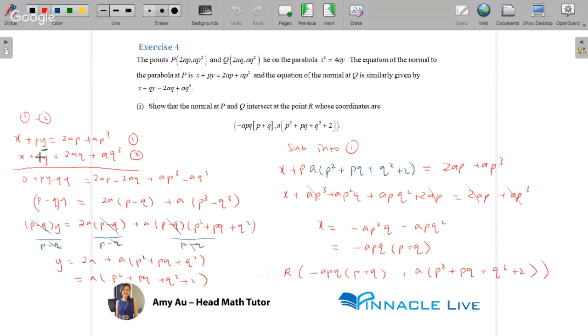I've done it through elimination, so I'm subtracting everything. And then the key point is remembering to factorize that using the difference of 2 cubes. And then once you've factorized everything, you'll be able to get to the Y coordinate.